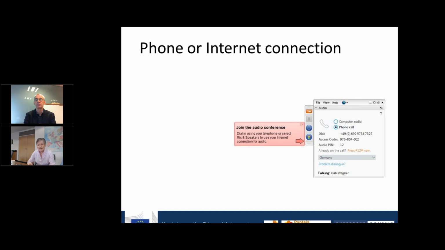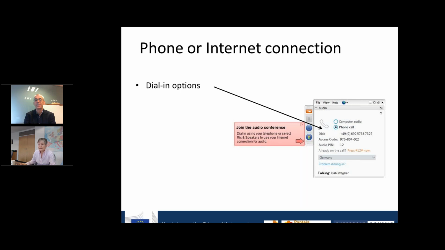If you did dial in by telephone, it's important also to add the audio PIN code. It doesn't make any difference in your hearing us, but it means that you are able to participate orally. So if you have put your audio PIN in, then we can unmute you so that you're able to participate in the conversation. Otherwise, you're only in hearing mode without speaking. So that's the first point you need to know.